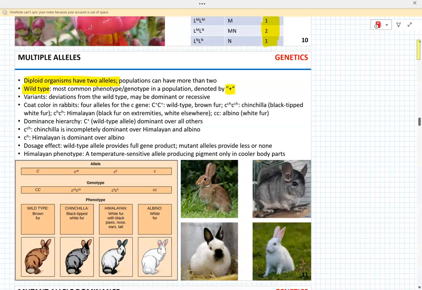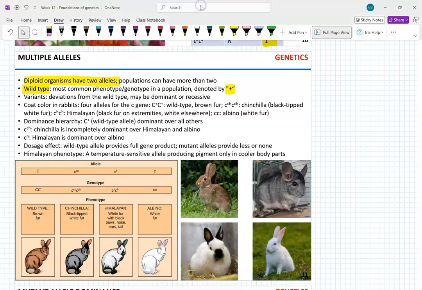The variants can be different compared to the wild type. They can be dominant or recessive, and we're going to discuss it using the example of coat color in rabbits. There are 4 alleles for that trait in the population.